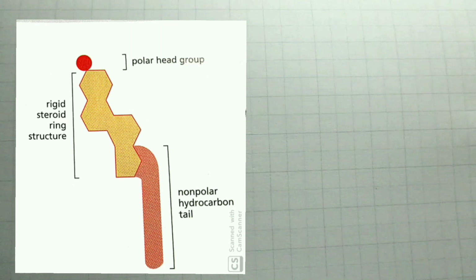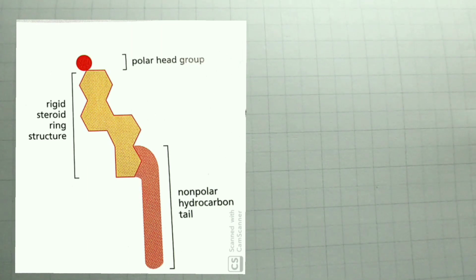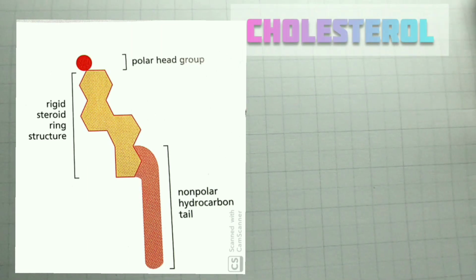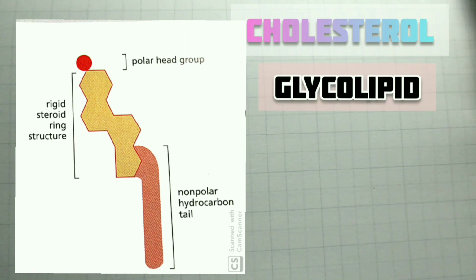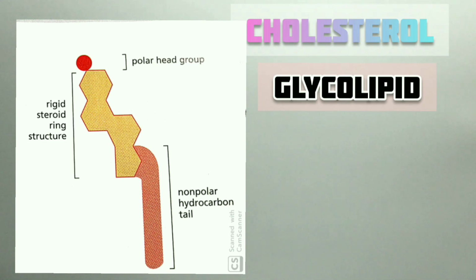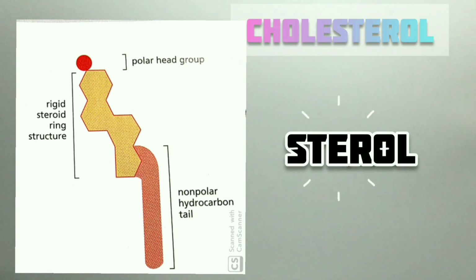In addition to phospholipids, the lipid bilayers in many cell membranes contain cholesterol and glycolipids. Eukaryotic plasma membranes contain a especially large amount of cholesterol, up to one molecule for every phospholipid molecule. Cholesterol is a sterol.